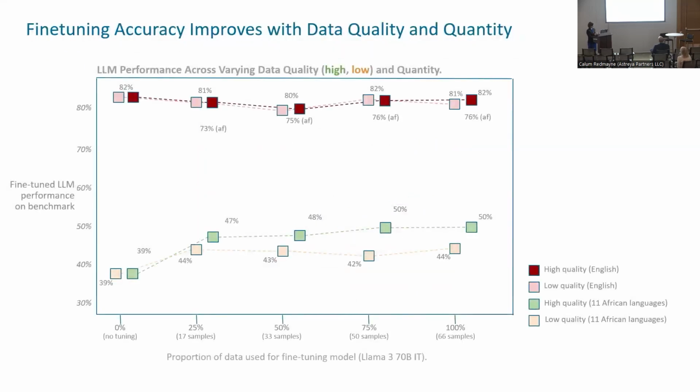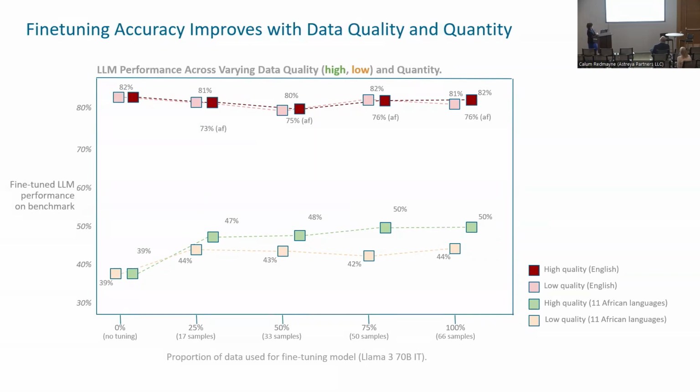The final figure I'll share here is looking at both quality and quantity, because we know these things both influence the overall capability of our system. On our legend, we have low and high quality data for English and our 11 African languages.